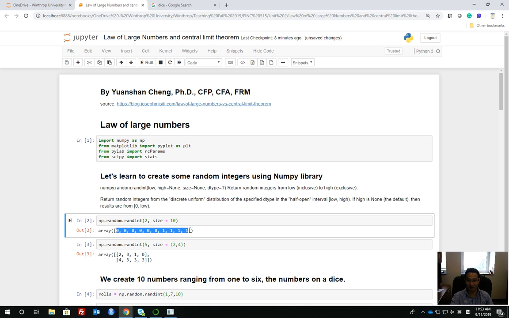High will be 2, so numbers less than 2 will be 0 and 1, right? And then the second one will draw from 0 to 4 in a 2 by 4 matrix, right? So that's what it looks like.